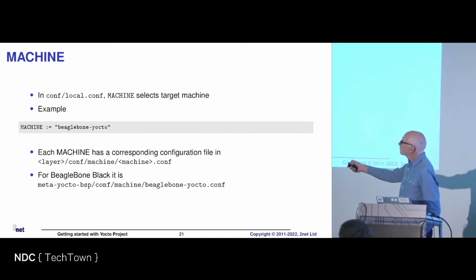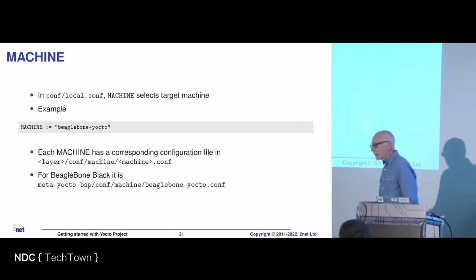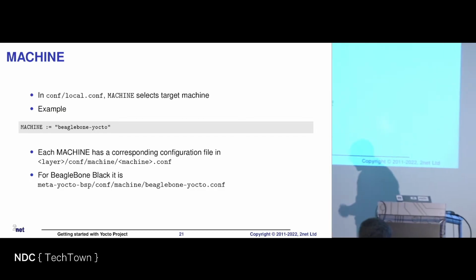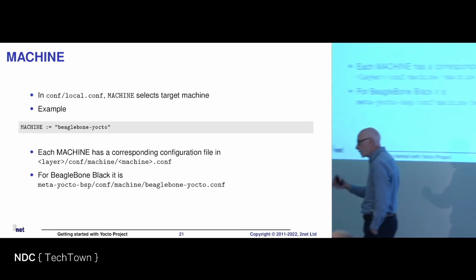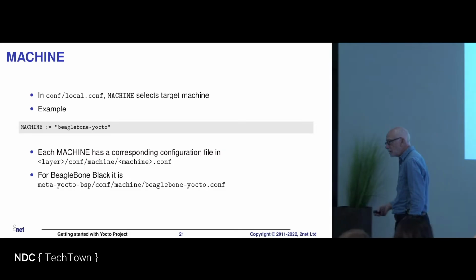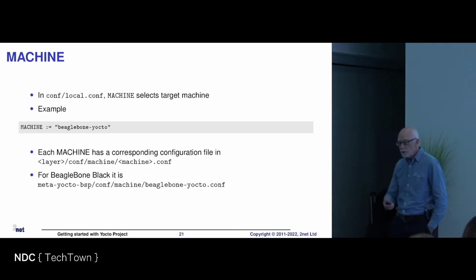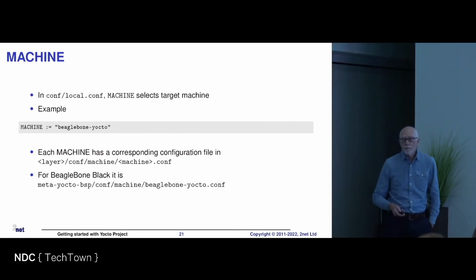So MACHINE = beaglebone-yocto in this case. This actually is referring to a file. So that is actually referring to a configuration file called beaglebone-yocto, which in this case would be in this meta layer. And actually the same with, I was meant to say this with distro. The name of the distro is just actually a configuration file. So somewhere in a distro directory, there is a poky.conf.